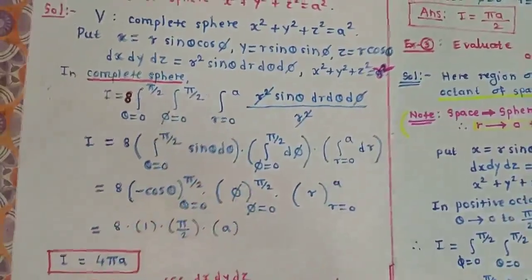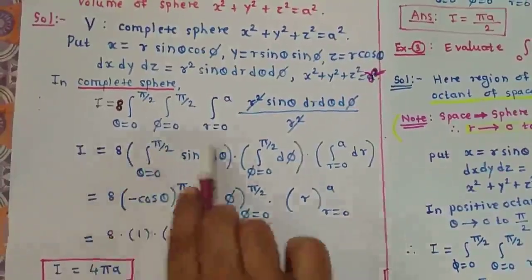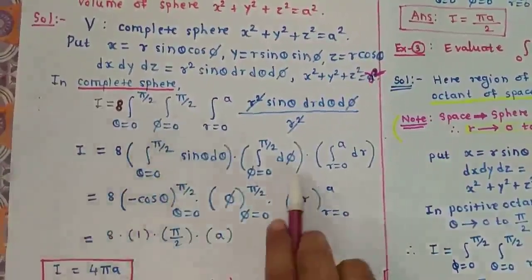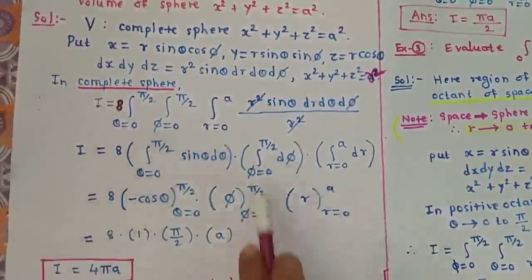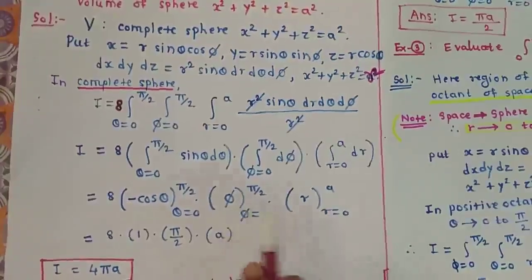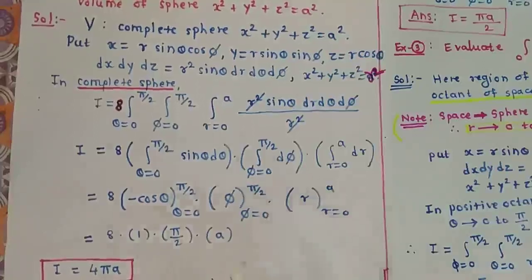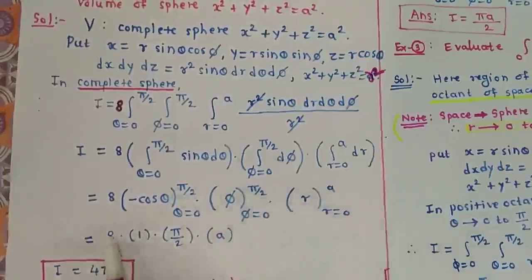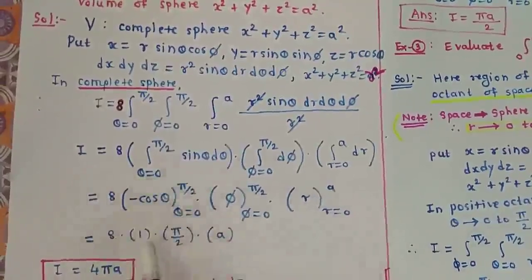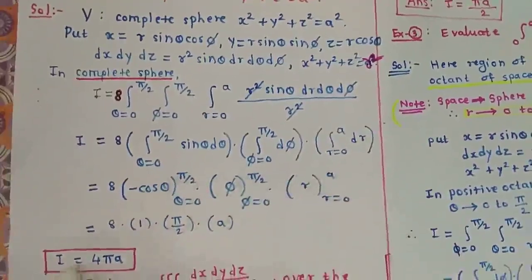Okay, so in the next examples we directly take the value of this integration as 1. The integration of d phi is phi, and by applying limits from 0 to pi by 2 we get pi by 2 minus 0, that is pi by 2. Now the integration of dr, with r varying from 0 to a, upper limit minus lower limit gives a minus 0, that is a. Hence our integration is 8 as it is, then by applying limits it is 1, this term becomes pi by 2 and this term is a, and hence the integration is 4 pi a.